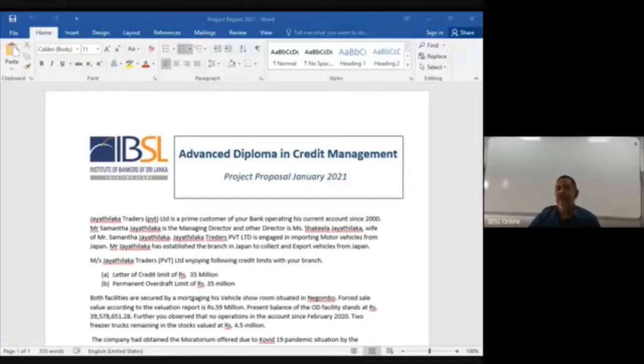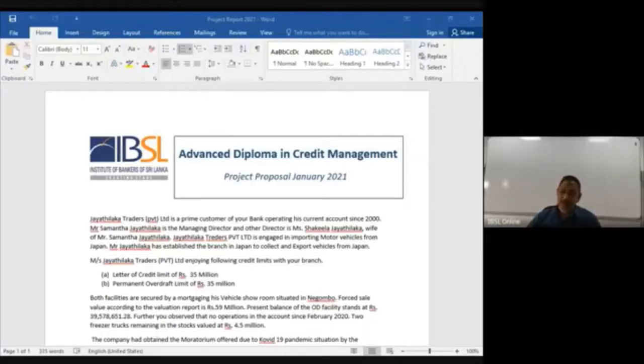It is compulsory, and if you fail to submit before the due date, you are not eligible for the diploma certificate. So it is compulsory to submit this within the due dates.